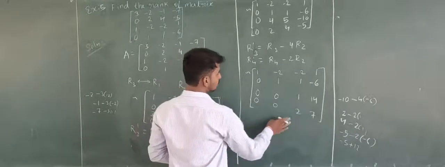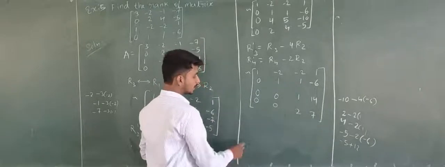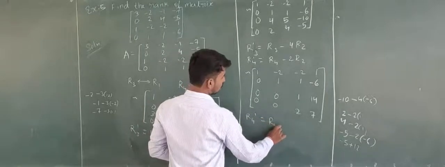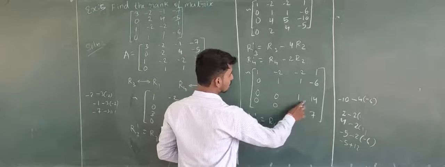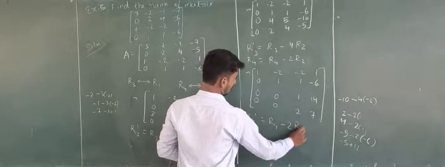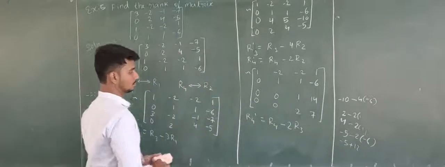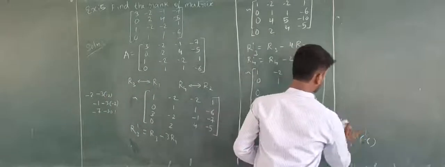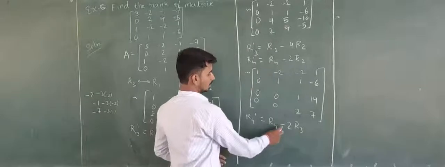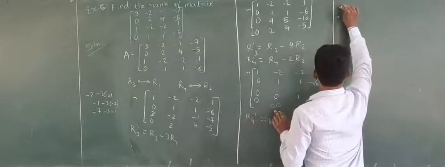To make this 0, we can make use of row 3, that is R4 dash equal to R4 minus 2 R3, R4 minus 2 R3.